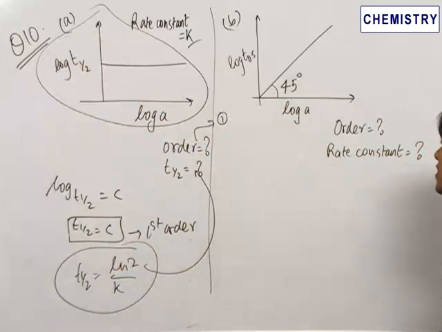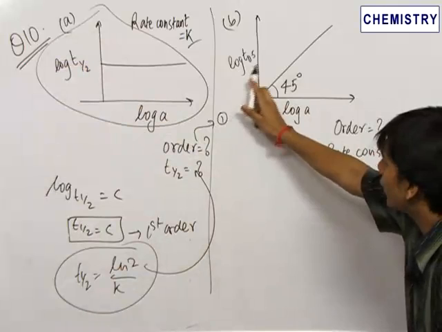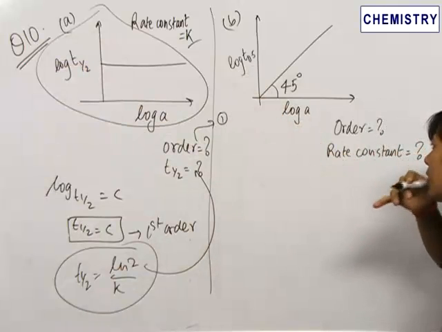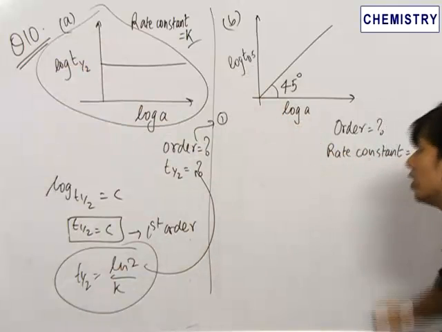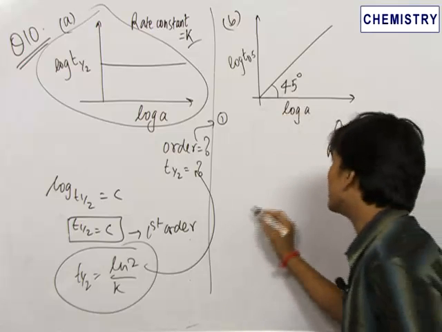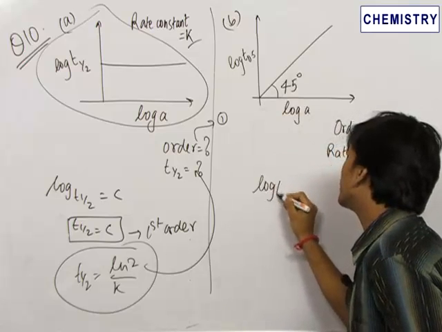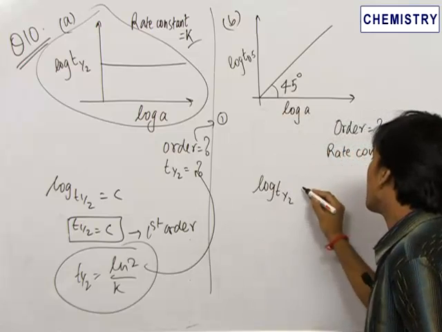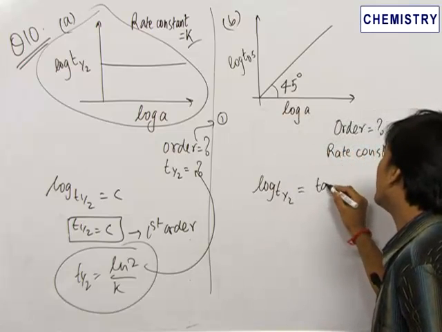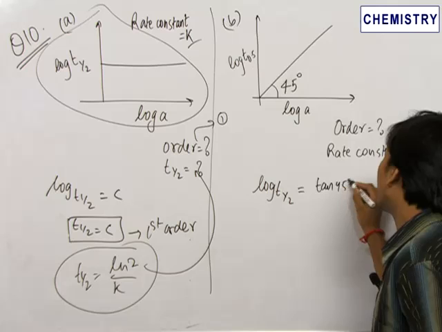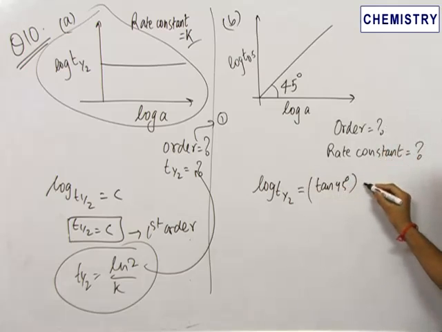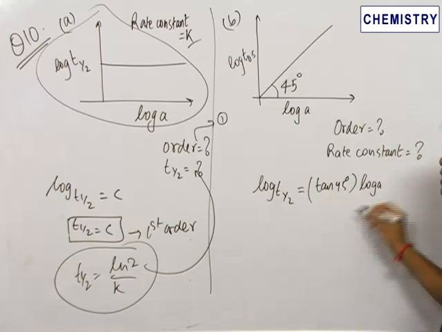For part B, we see that again a graph of log T half versus log A is given. We need to find out the order and the rate constant now. Now for this reaction, let us write the equation. Log of T half is equal to tan 45 degree. I am writing the formula y is equal to m x into log of A. This is equal to 1.